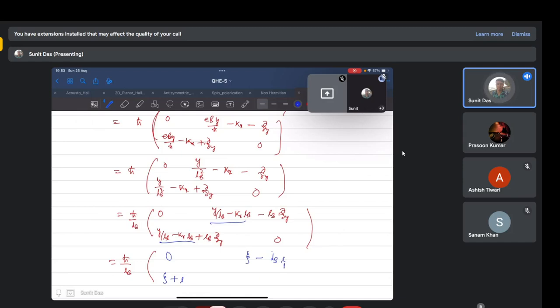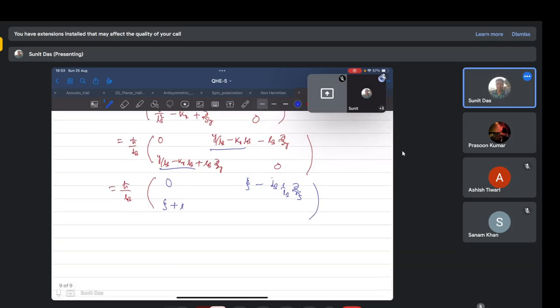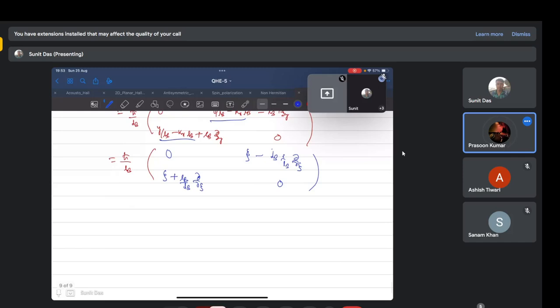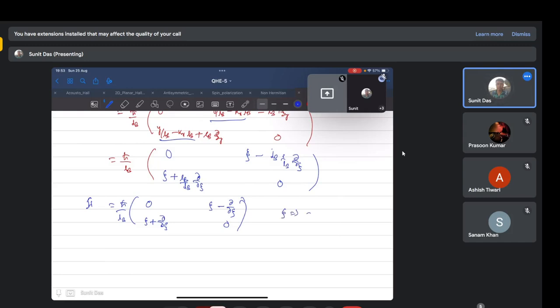So 1 by LB del xi, right? So LB, you're by just del by del xi. That's what I wanted to do. So h bar is simply given by h bar by LB 0 xi minus del xi plus del xi 0, and xi is dimensionless.